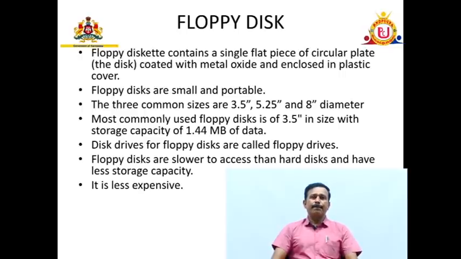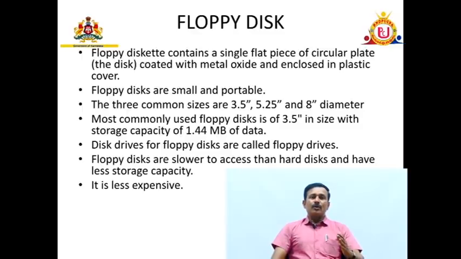The floppy disk size was reduced from 8-inch to 5 1/4-inch. In a 5 1/4-inch floppy disk, we can store up to 1.22 megabytes of information. The size of the disk is reduced, but the storage capacity increased.